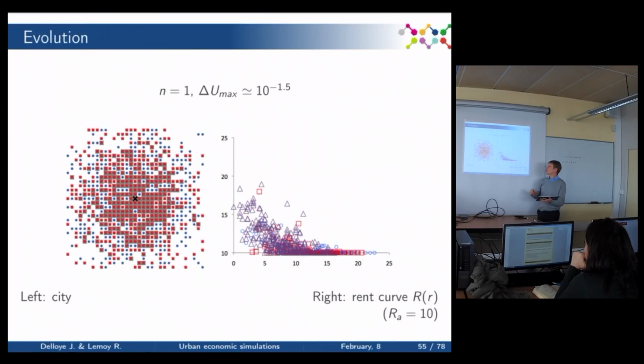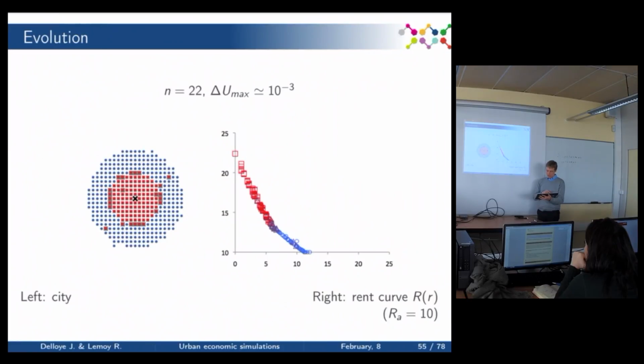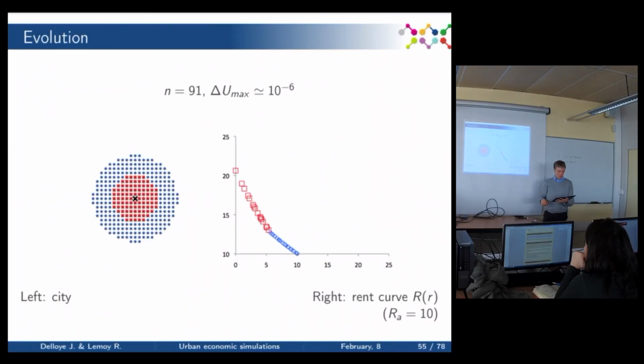One move per agent on average, people start to concentrate in the middle. 4 moves. 22. I didn't say, but the gray cells are the ones where both rich and poor agents are collocated. And then after a number of moves, we reach some kind of equilibrium.